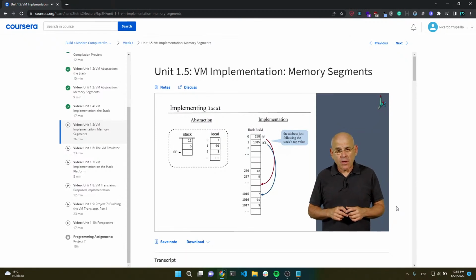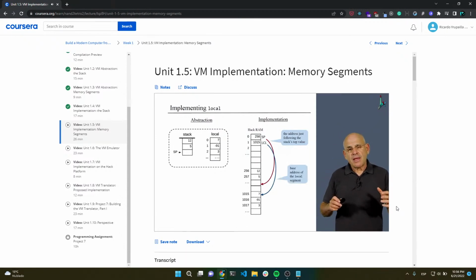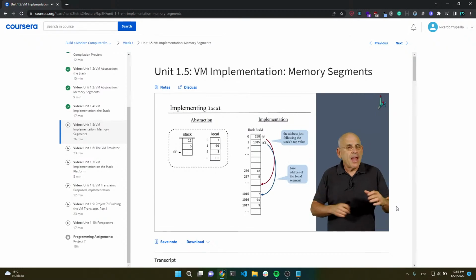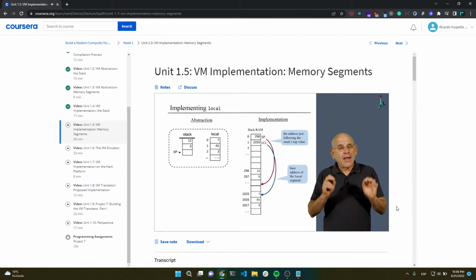Now, what about the local segment? Well, the local segment can be placed in principle anywhere we want on the host RAM. We don't care where the local segment is going to be stored, as long as we remember the base address of this block. And as you see here, we've decided to place the base address of the local segment in a pointer called LCL, and we also decided that LCL will refer to RAM 1.